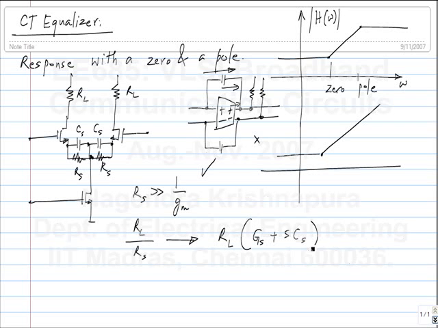Somehow we have a continuous time response with only a 0 and no poles. No, even without the load capacitance. So this suggests that what does the Bode plot of this look like? It looks like whatever I have already drawn here. What is this point? This point, that's the 0 of the, this is GS by CS.